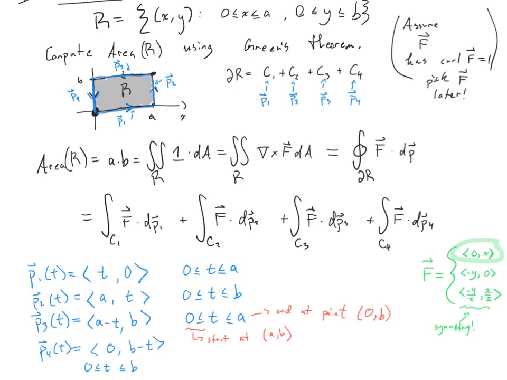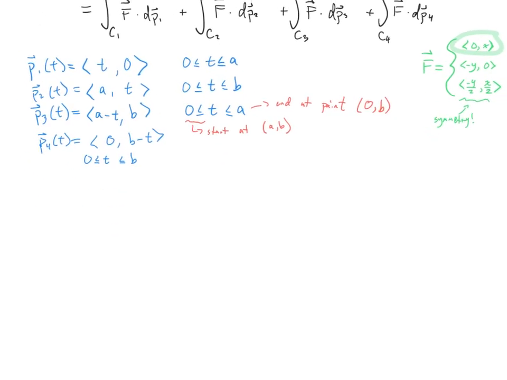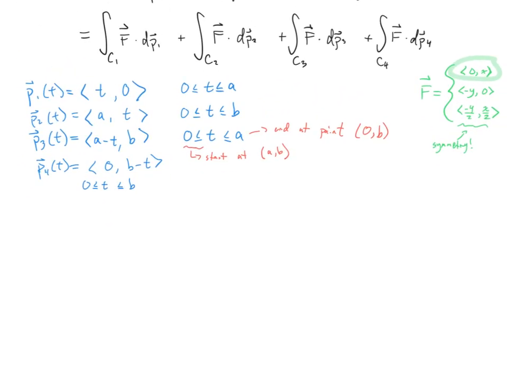So let's unwrap each of these integrals. Okay, so I'm going to underline what I'm rewriting, that first one, right? So just that first integral becomes the integral of f dot dp. Okay, well, f is 0 comma x.